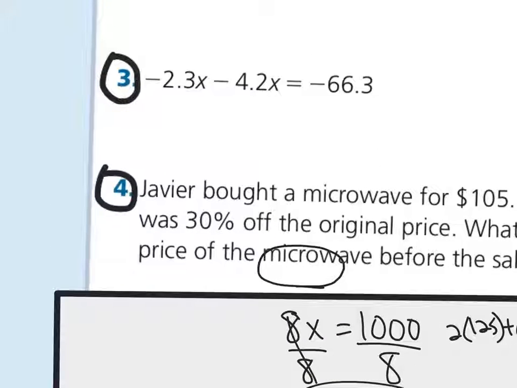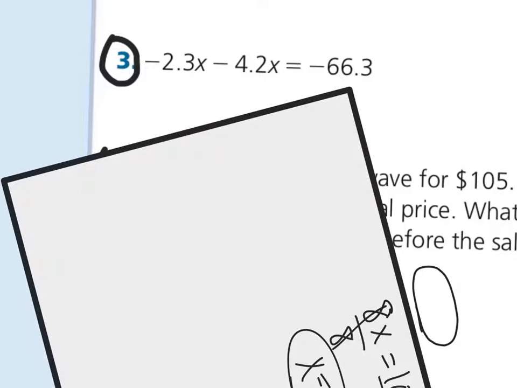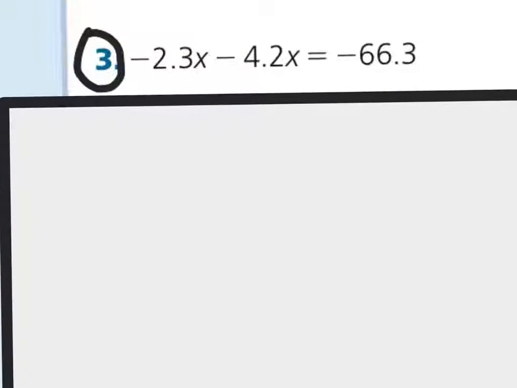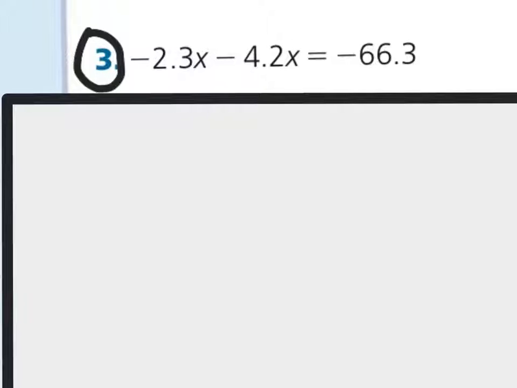If we go down to number 3, anytime on these problems when they're subtracting, if you'd like, you can add the opposite if you find that helpful. Add the opposite or change the sign, add a line. And then at that point we have like terms here we can combine again.